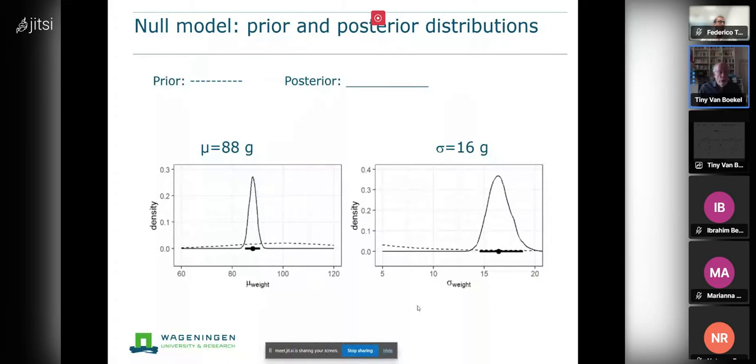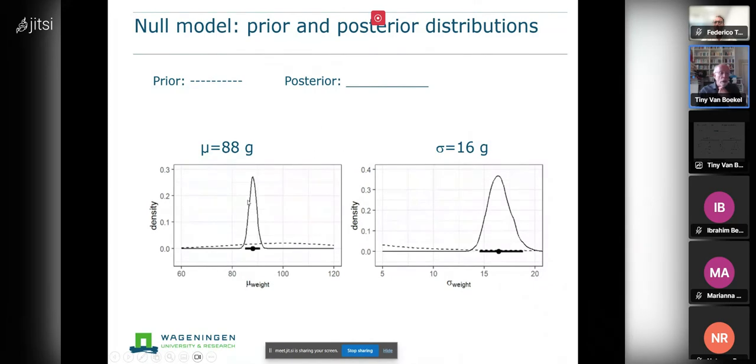So this is the result for Bayesian regression from these apple samples that I just showed about the weight. And what you see here is a comparison of the posterior distribution and the prior distribution. The dotted line is the prior distribution. So this, mean 100 and standard deviation 20, is this line here.